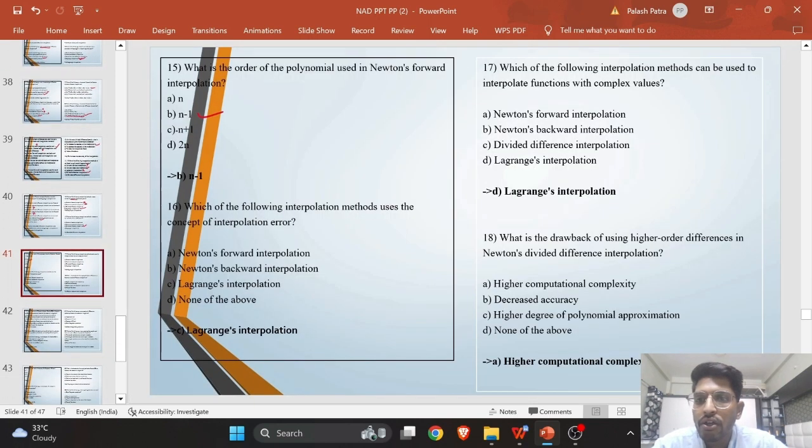So option B, n minus 1, is the correct answer. The order of the polynomial for Newton forward interpolation must be n minus 1.